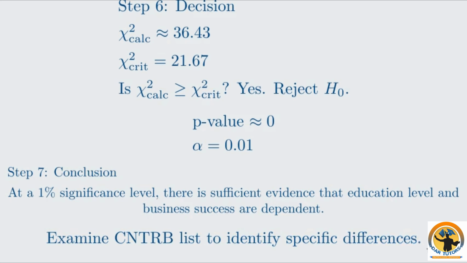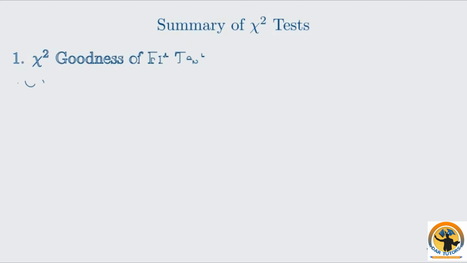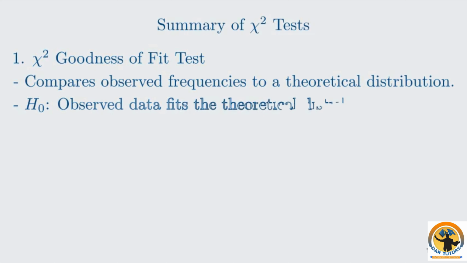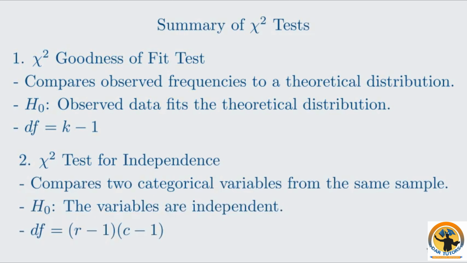expect under independence. Let's summarize the key takeaways from our comprehensive look at chi-squared tests. We learned about 2 main types of chi-squared tests: the goodness of fit test and the test for independence. The goodness of fit test compares observed data to a theoretical distribution.